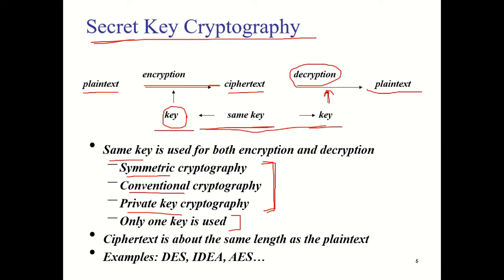But the general term which we use for this kind of cryptography is symmetric cryptography. The ciphertext is about the same length as the plain text when we encrypt the data using symmetric cryptography. There are some examples which we'll be discussing in detail later.